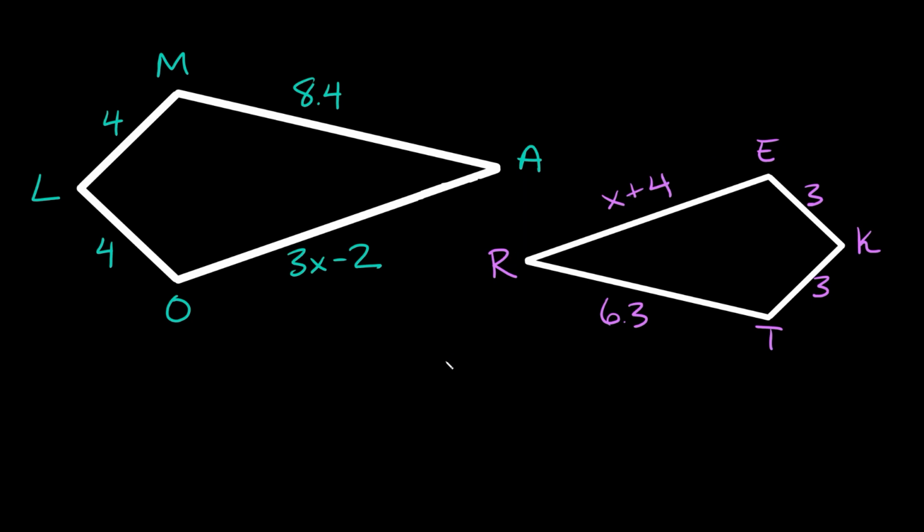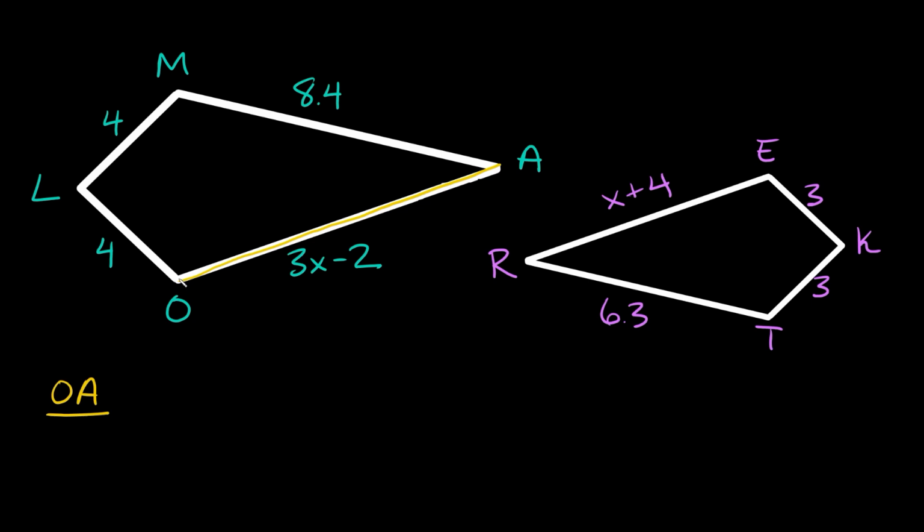All right, so in order to solve for x here, we need to, again, set up a proportion. Okay, so let's find the first ratio. And we want to use whatever side we're looking for. So for this big polygon, this big quadrilateral, we don't know this side right here from O to A. All right, so this side right here, 3x minus 2, is from O to A. Now, this side corresponds to which side on this polygon over here?